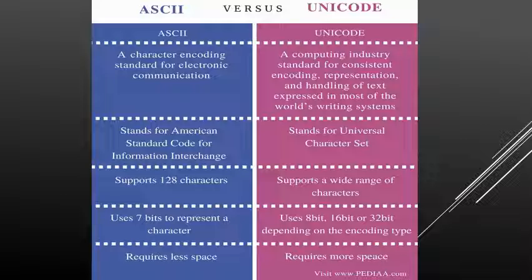ASCII supports 128 characters, whereas Unicode supports a wide range of characters. ASCII uses 7 bits to represent a character. Unicode uses 8 bits, 16 bits, or 32 bits, depending on the encoding type. ASCII requires less space, whereas Unicode requires more space.